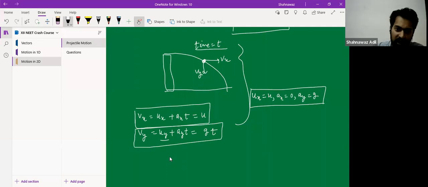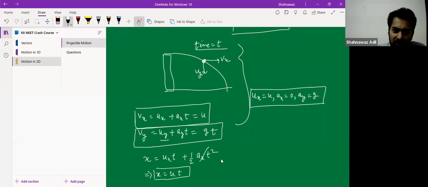And what is x? X is Ux t plus half Ax t square. Right. So your Ax is 0, so this cancels. So x is Ux t, which is ut. Okay.